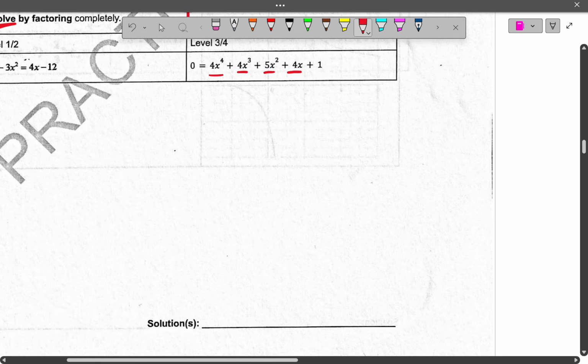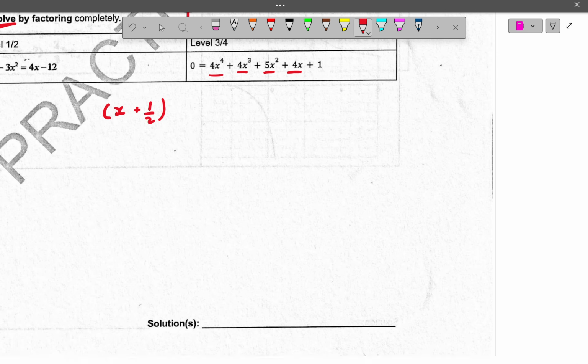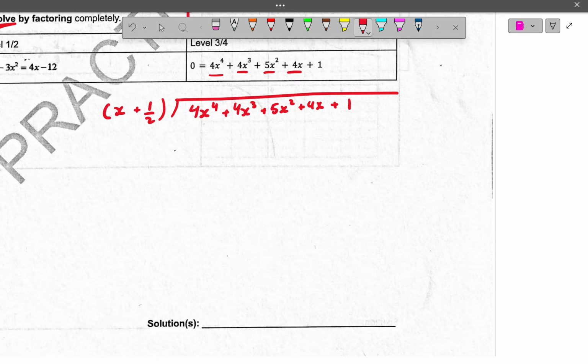So x plus a half is now dividing what we started with: 4x to the fourth power plus 4x to the third power plus 5x squared plus 4x plus 1. So I need to get 4x cubed here, times x will be 4x to the fourth power, and 4x cubed times a half will be 2x cubed.